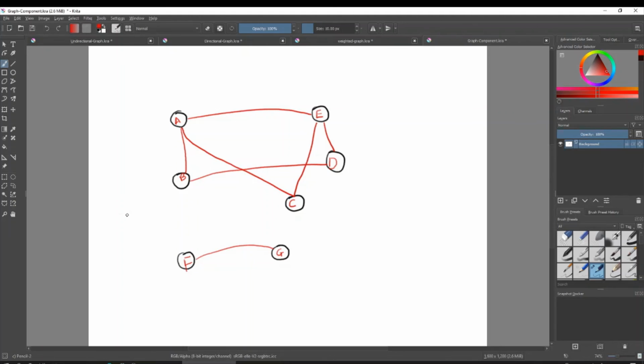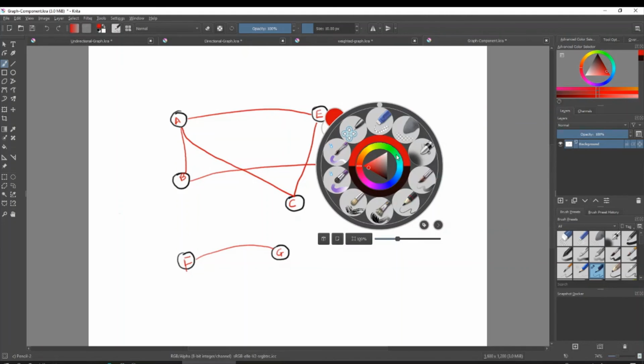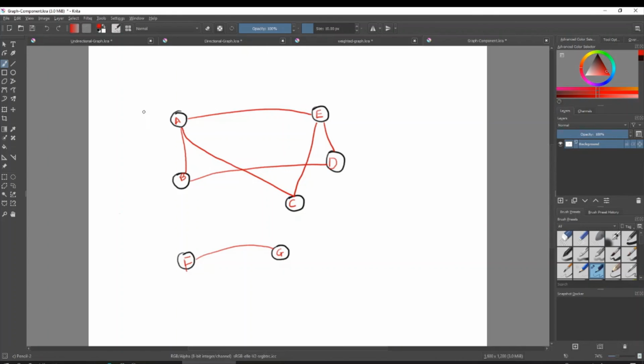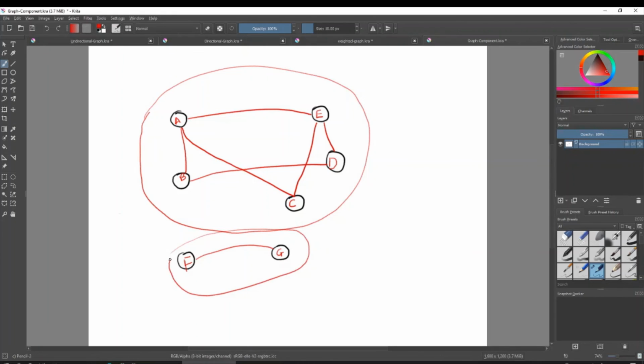One connected component consists of 5 nodes or vertices, and another connected component has 2 nodes connected to each other. These are the two connected components in this whole graph.